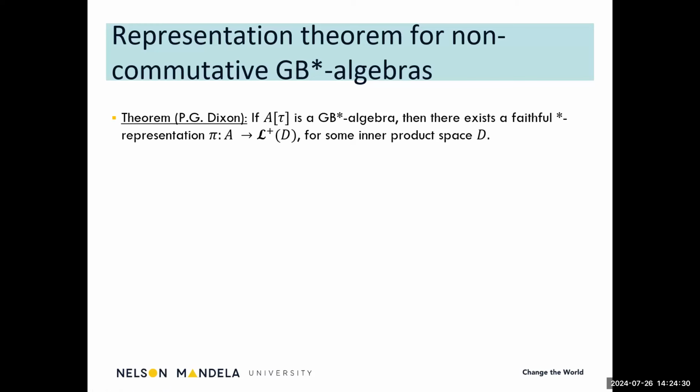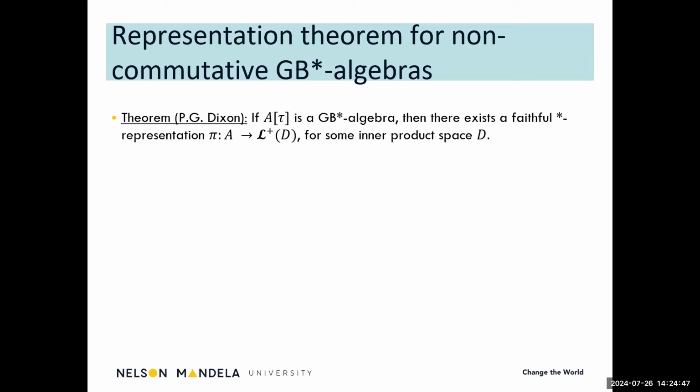That's why I mentioned earlier that you can think of a GB-star algebra as taking a C-star algebra and making it bigger by throwing in unbounded operators. One should keep in mind that unbounded operators are not easy to work with compared to bounded operators.